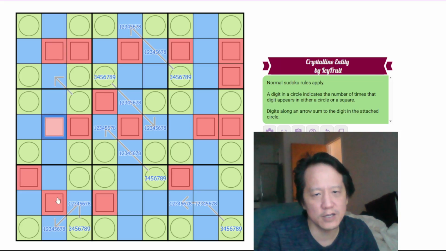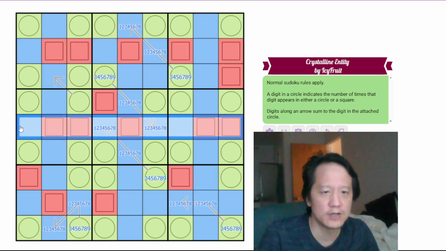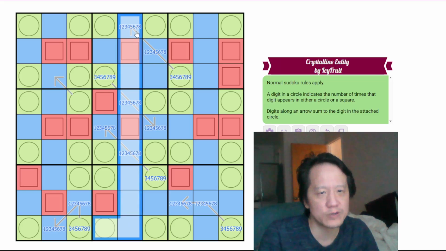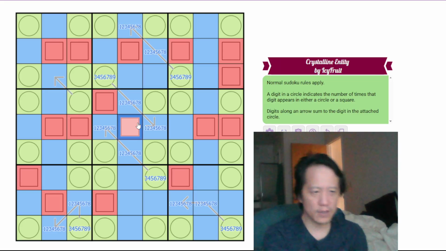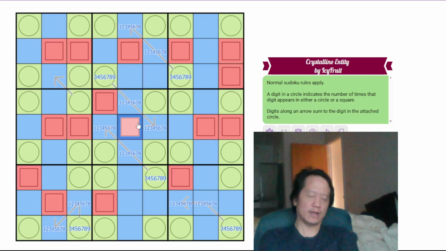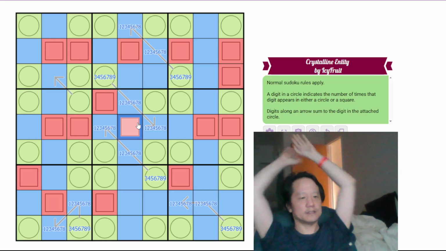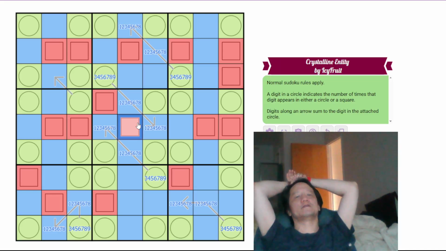There's 3 here and they're all squares. There's 5 here and they're all squares. There's 5 here and they're all squares. There's 2 here and they're all squares. Heck, you don't even have to necessarily have all digits be in circles or squares. So that's not a restriction either.